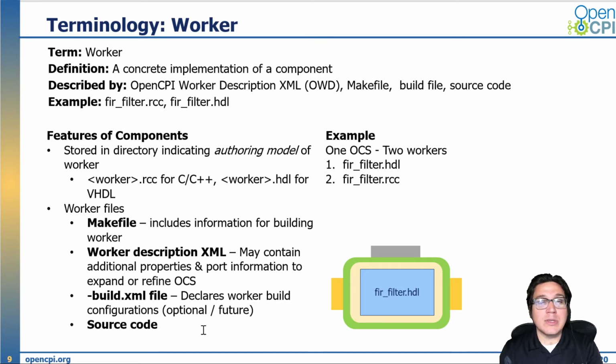Within the worker, there's the source files. That includes a makefile, a dash build XML where you can change the parameters of that component using the parameters specified in the component specification, and then the source file, and that would be a C++ file or VHDL file.